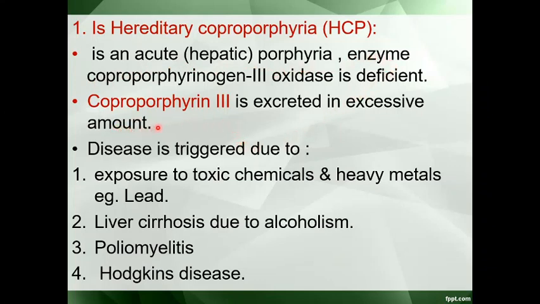Coproporphyrin III is excreted in large amounts, and the disease is triggered by, you can see, exposure to toxic chemicals, heavy metals, for example lead. Certain diseases can also trigger this type of porphyria, such as liver cirrhosis due to alcoholism, poliomyelitis and Hodgkin's disease.